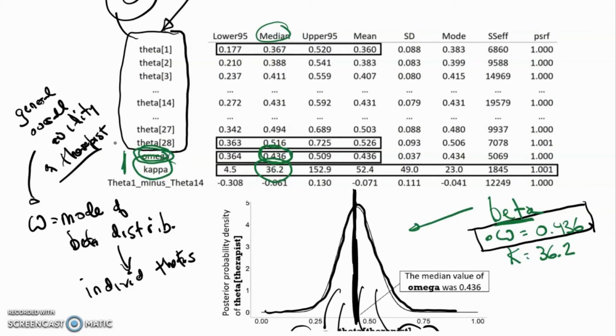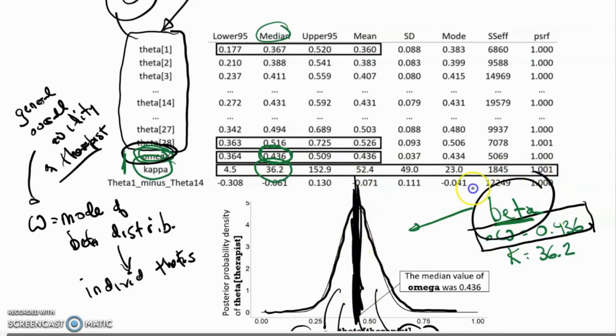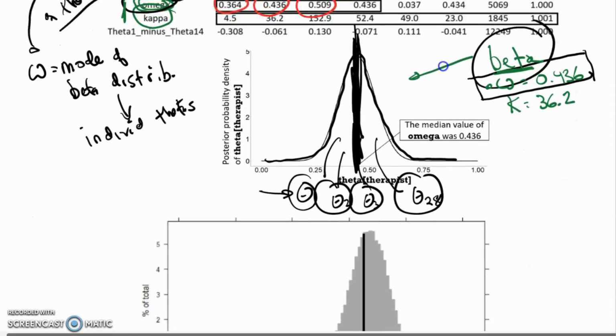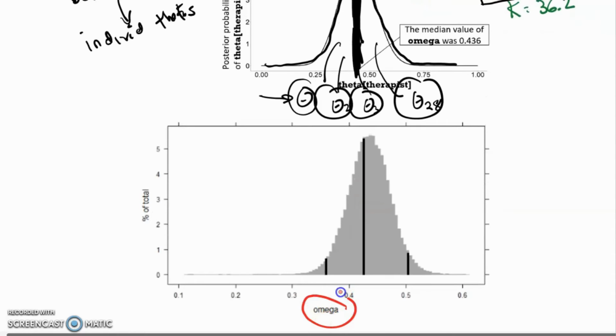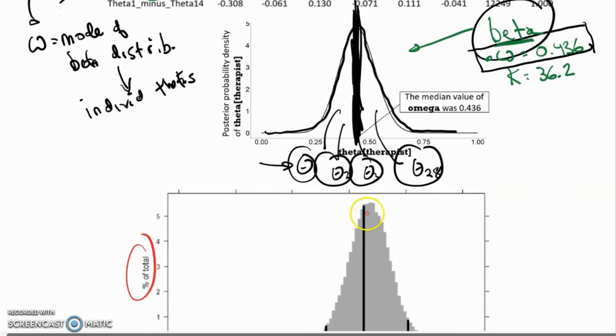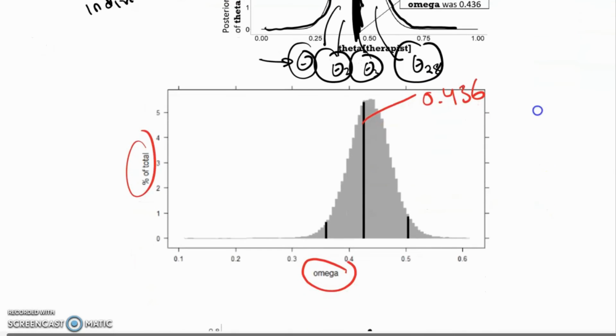So that's what's really going to be important. If it's omega, the mode of this beta, that's so critically important, we can think about what's the posterior distribution of omega. And here we see it right here. Here's omega, there's our posterior distribution, and there's our median of 0.436 and a 95% credible interval that goes to 0.509 here and 0.364 here.